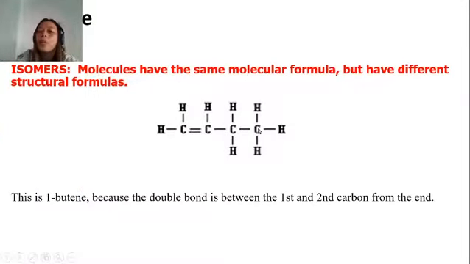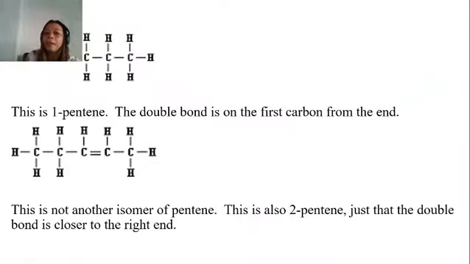But this one, naging 1-butene siya because ang double bond natin ara sa first carbon. That's why it is called 1-butene, and that is an isomer of our butene. So, although parehas sila nga butene, in structural formula natin, naglain siya because of the placing of the double bond in our carbons. So this is 1-butene because the double bond is between the first and the second carbon from the end.